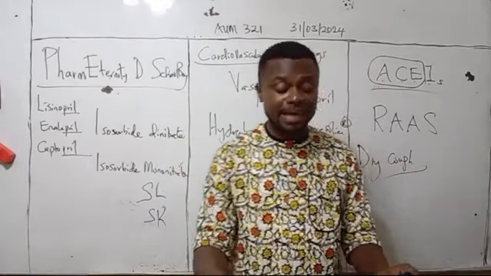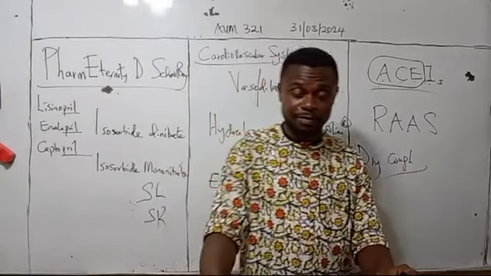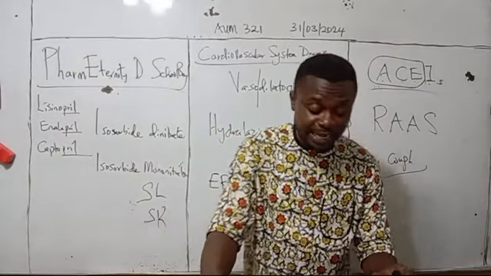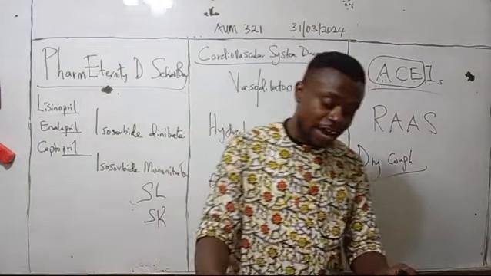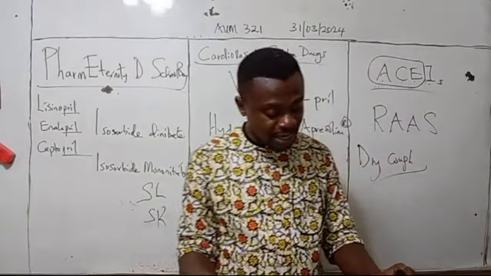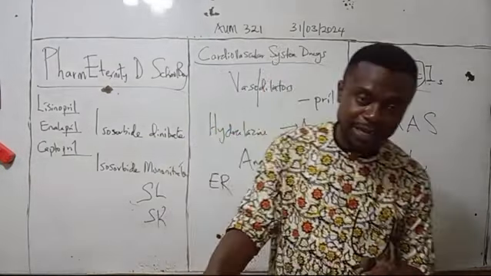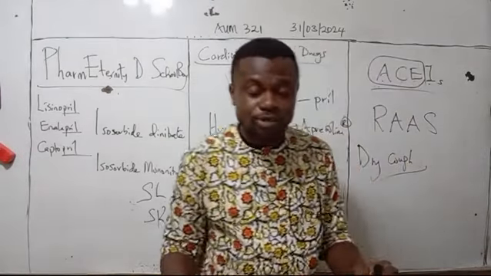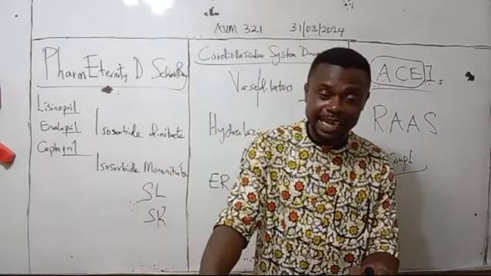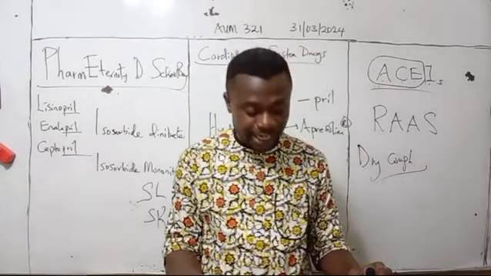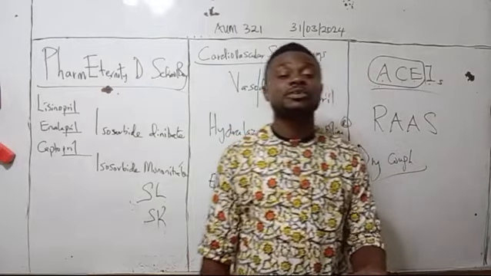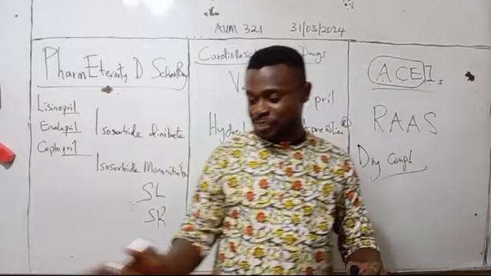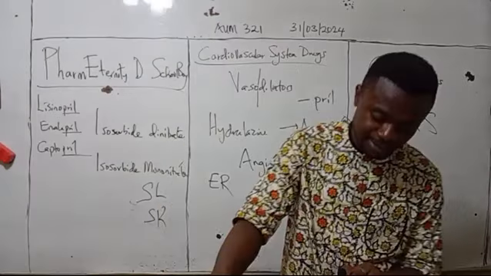This is the number 1 drug information for Nigerian brands. Most of the drugs I'm calling here, if you open MDEX, you see the brand names available in the Nigerian market. As you study these generics, try to look up the brands in the Nigerian market. All right, let's continue.